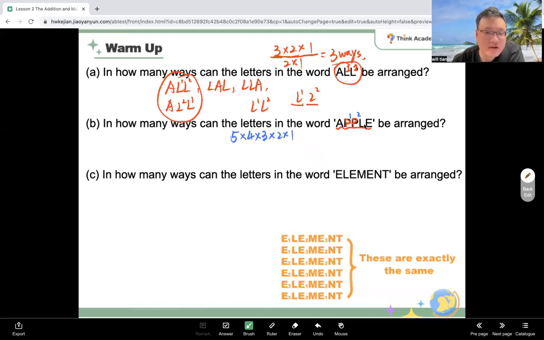And now you're gonna get rid of the duplication, right? Since P1 and P2 are the same, you have to get rid of the duplication of P1, P2. So P1, P2 and P2, P1 will be two different ways. So you're going to divide by 2 times 1, which gives us 20 times 3, which is 60 ways.